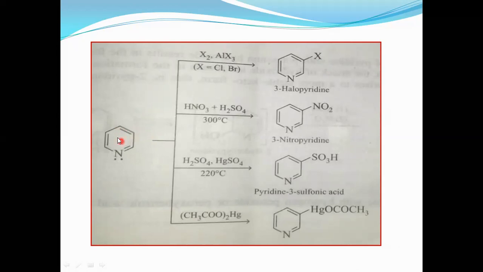If the electron density of the ring is less, the attack of the electrophile is less. Due to the electronegative nature of the nitrogen, it attracts the electron density of the ring towards it, so it decreases the electron density of the ring. So electrophilic substitution occurs less readily in pyridine compared to benzene.